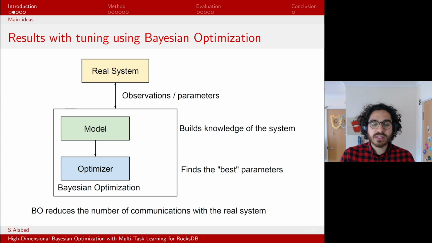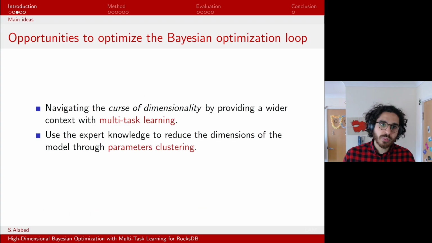It's the one that it thinks is the most optimal for the system, and then it reports it back to the system, where we run it and observe how well it does. So the Bayesian optimization loop is basically a framework where we can plug and play different parts. For example, the model is the one we are interested in here, because we can find ways to inject our expert knowledge into the model and reduce the curse of dimensionality, which is a very popular problem in the ML scene.